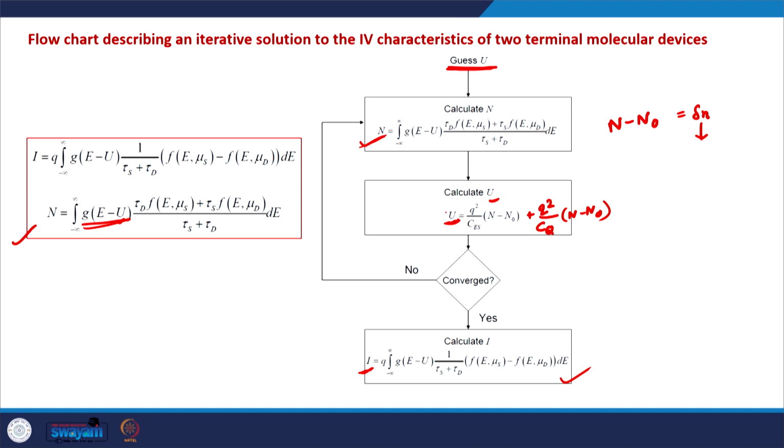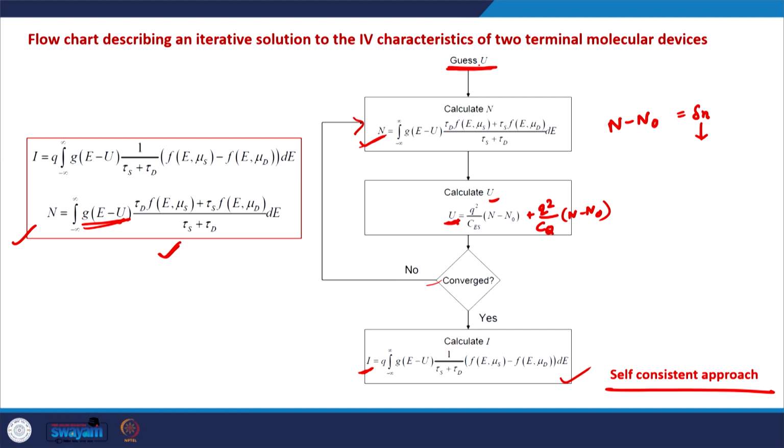But if they do not match, then we go back to this step. We again calculate n with this u, from this n we calculate a new u, and compare it with the previous one. If they converge, then we calculate the steady state current, otherwise we go back. This is the iterative way to solve these equations, because we cannot have a closed form solution, and this is known as the self-consistent approach.